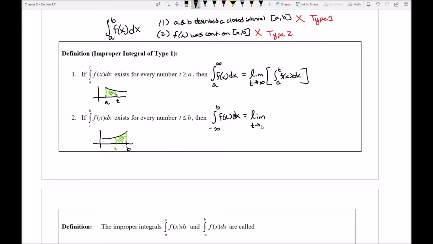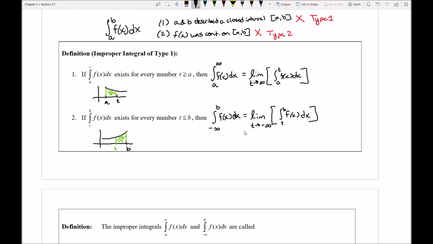Here t would be going towards negative infinity, right? I got to slide t down, and I would just apply that to the integral that goes from t to b of f of x dx. Of course, this is again provided that the limit actually exists, and I get an answer here.